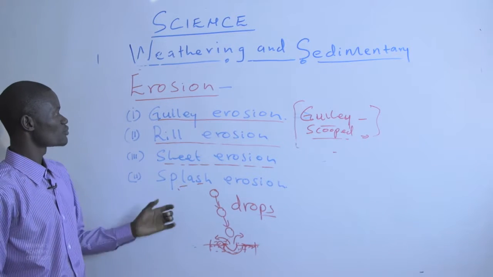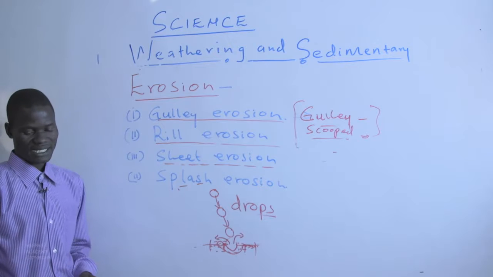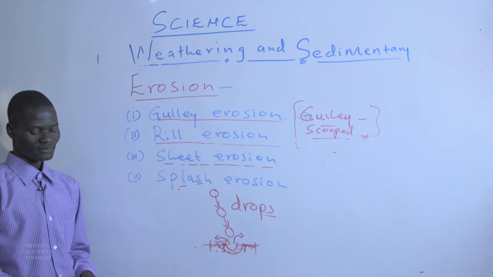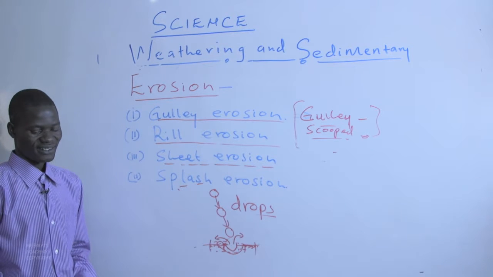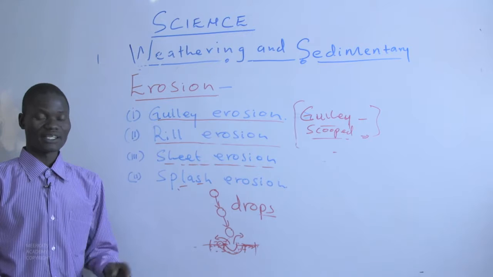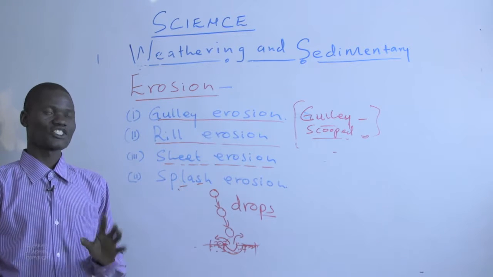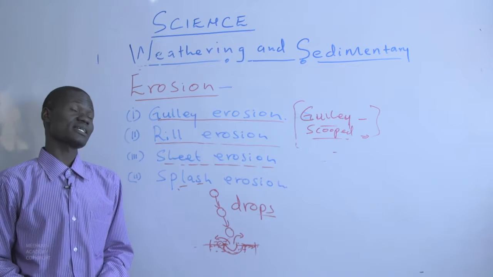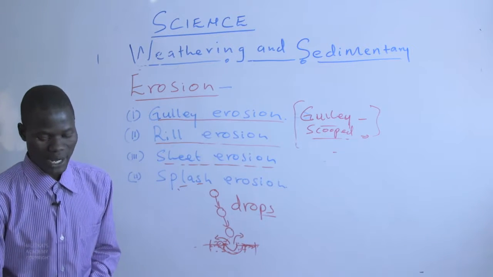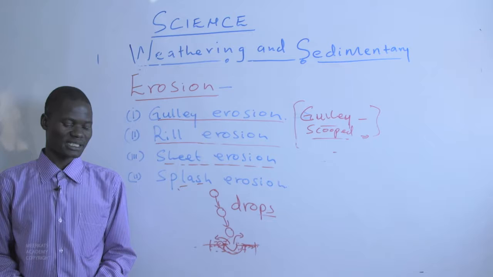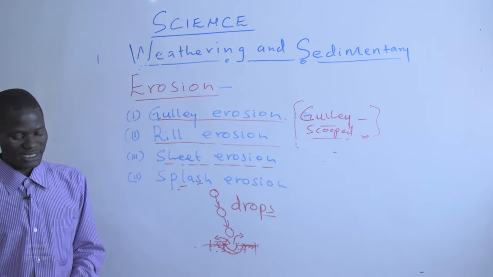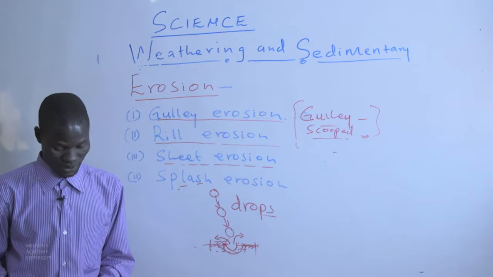That is much more about when water is involved. What about the wind? Wind also carries weathered particles. The wind, especially in dry areas such as the desert environment, wipes up those particles and carries them for some longer distance before they are dropped.